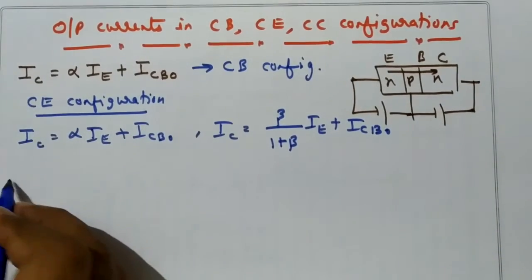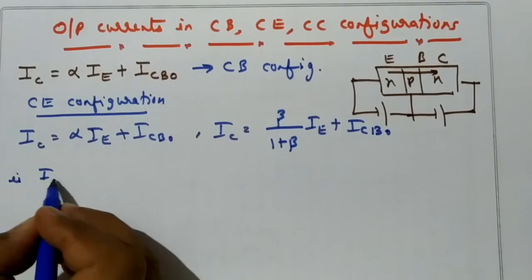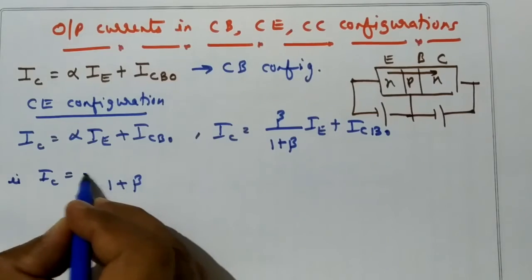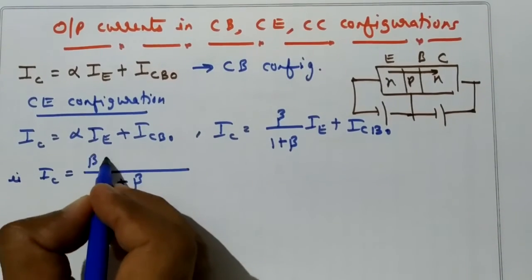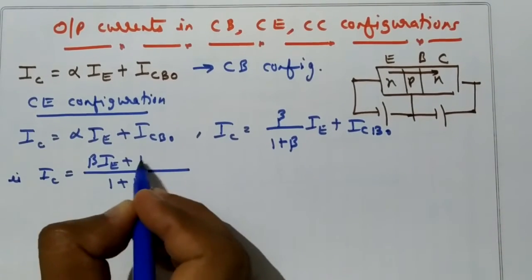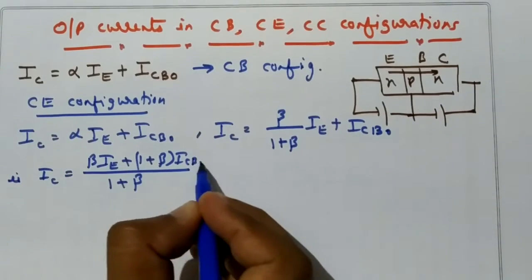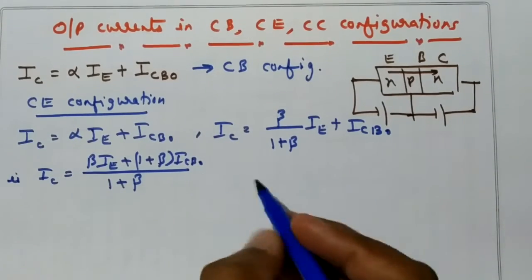Take the LCM. Therefore, that is IC, that is equal to, 1 plus beta is the LCM, beta into IE plus 1 plus beta into ICBO.